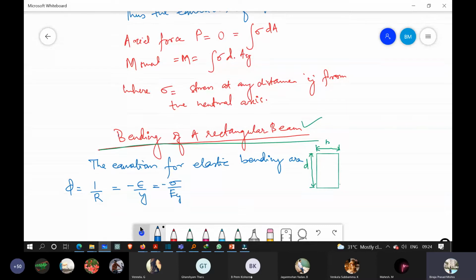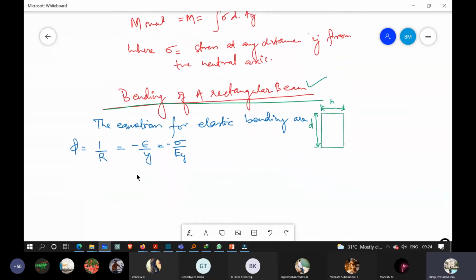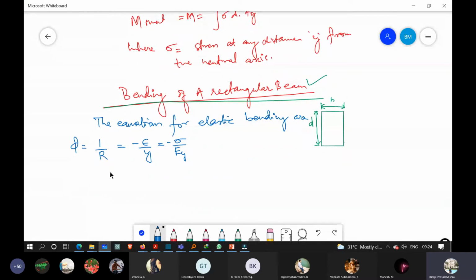And one more equation is there, that is M equals E into I into phi, and M y equals sigma y into S.